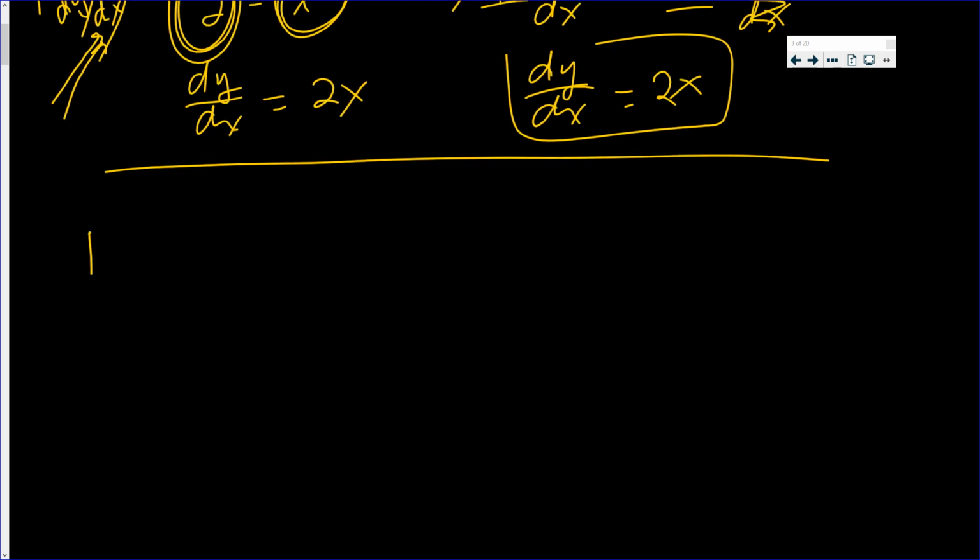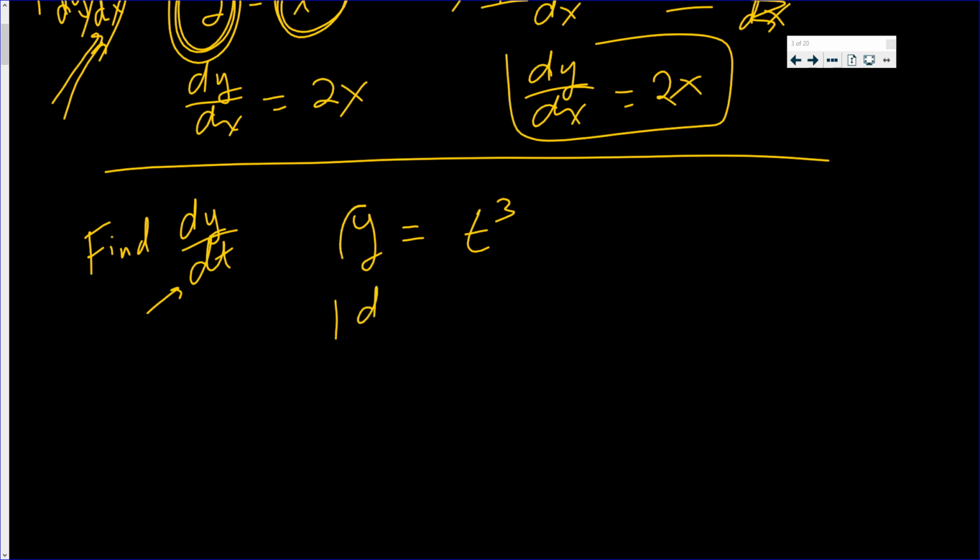If you were asked to find dy over dt, that means you're taking the derivative with respect to t. If you have y equals t cubed, the derivative of y is 1. This is in terms of y with respect to t. The right side, the derivative is 3t squared.